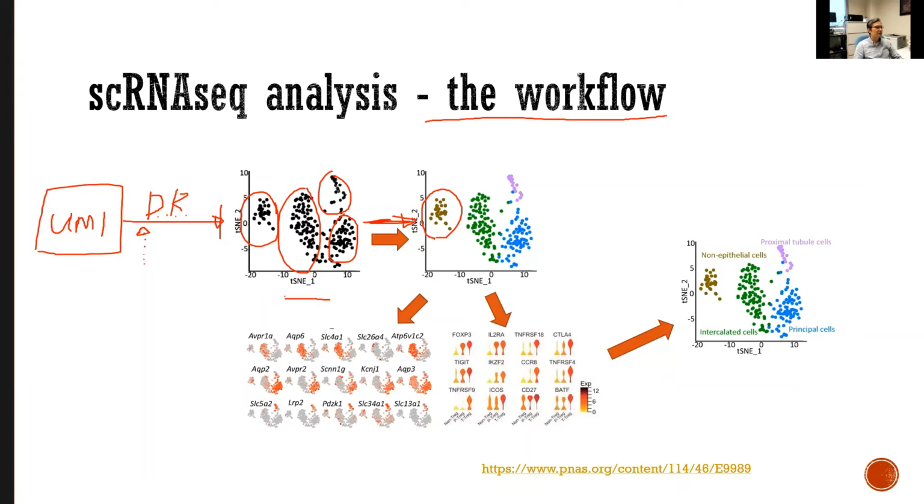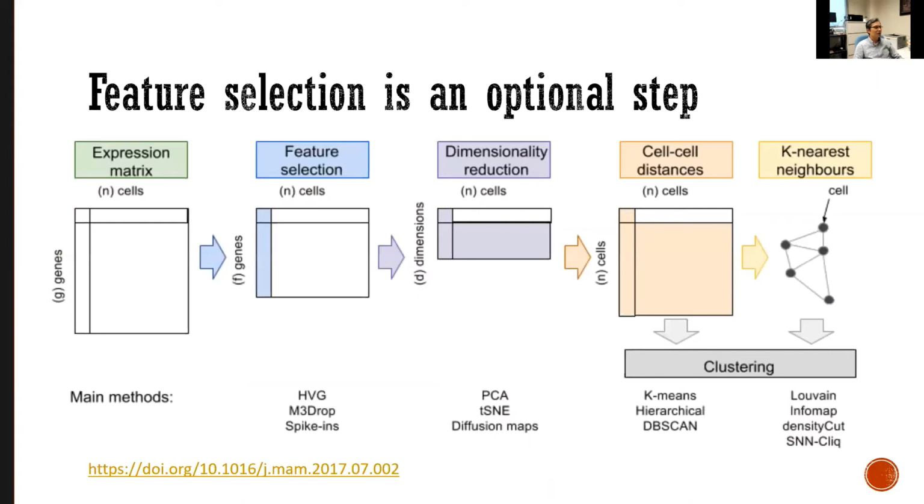This step is called feature selection. Let's look at this workflow. You have an expression matrix, and before you do dimensionality reduction, you can do feature selection to get rid of some of the cells. In this case, those cells are removed. You can also get rid of some genes to reduce the dimension.